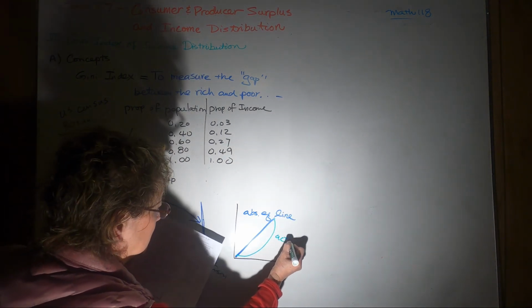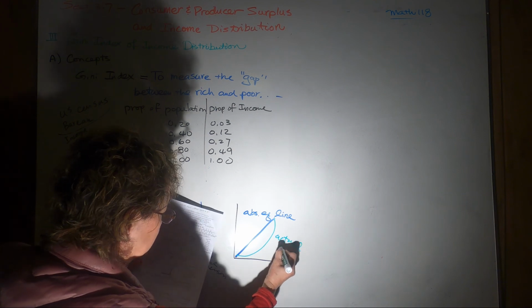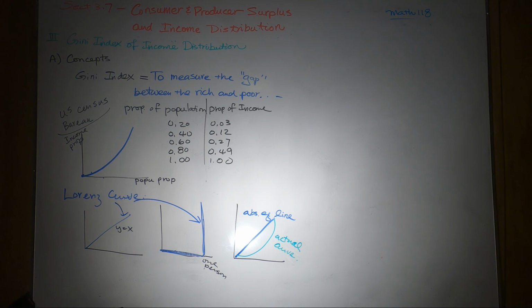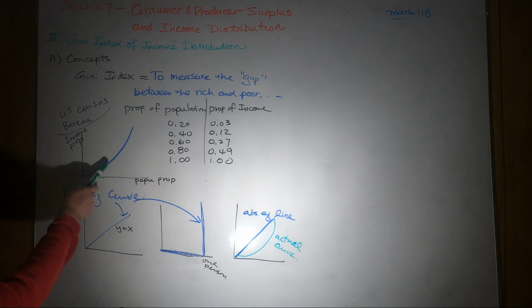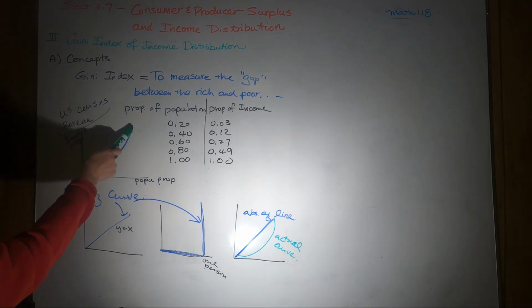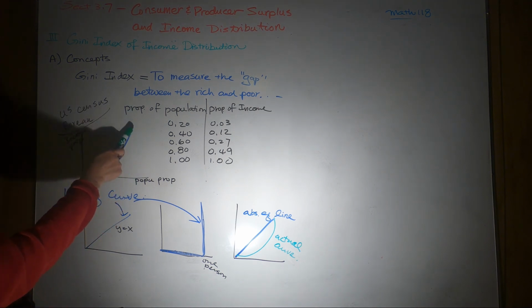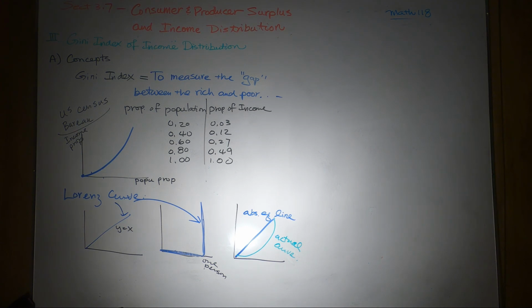This one will be the actual curve, right? That means most people are poor, and rich people are a small percentage of people with a lot of wealth. So the actual curve looks like this.